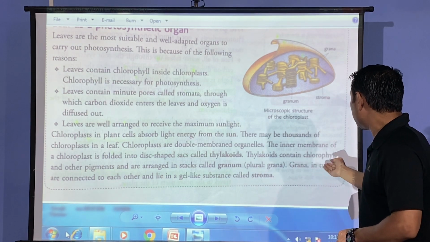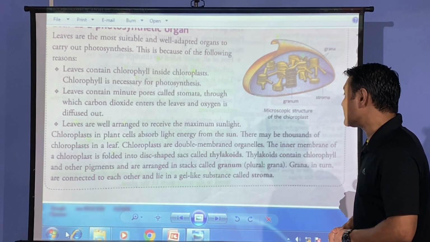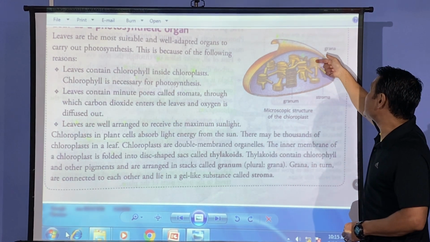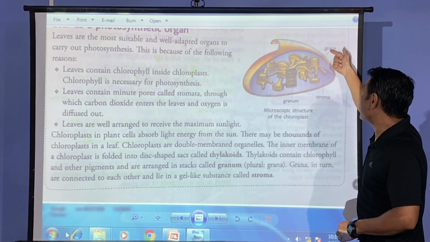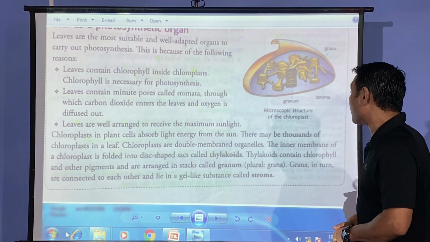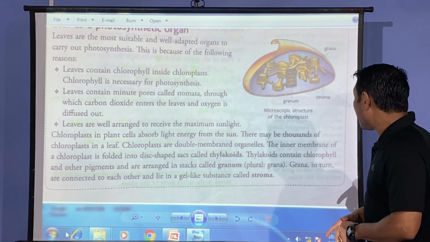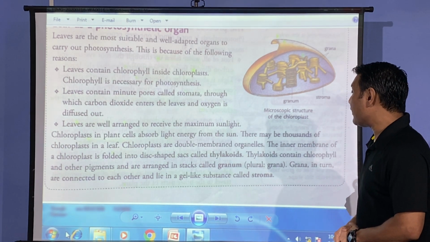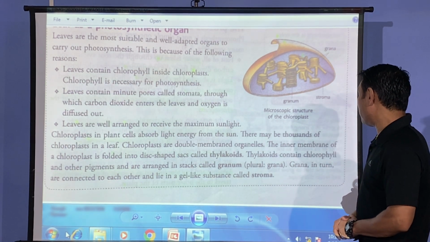The thylakoids contain chlorophyll and other pigments and are arranged in stacks called grana. So these are the stacks which are known as grana, and this is actually the thylakoids. So thylakoids contain chlorophyll and other pigments and are arranged in stacks called grana.